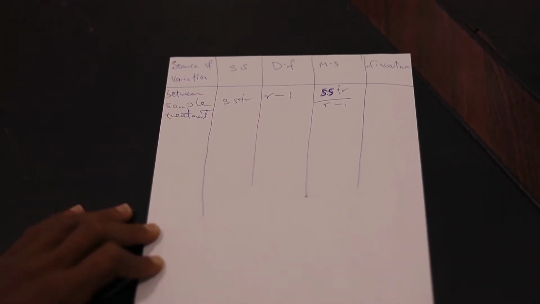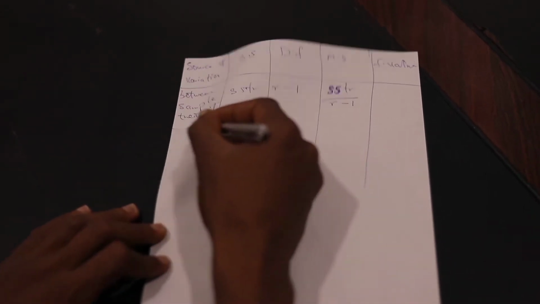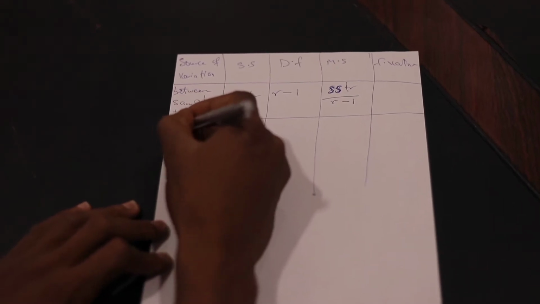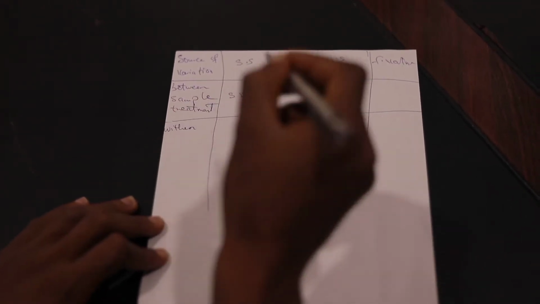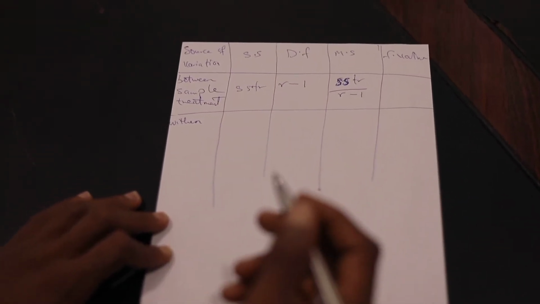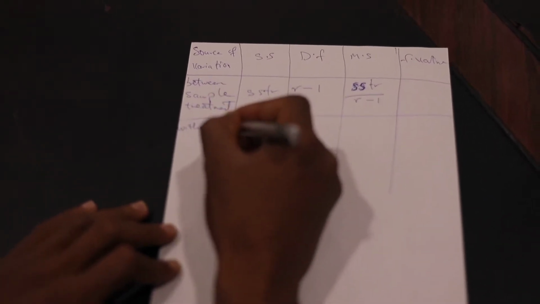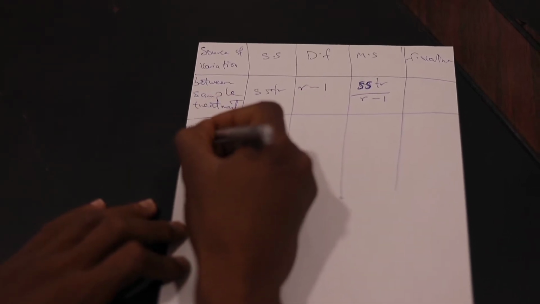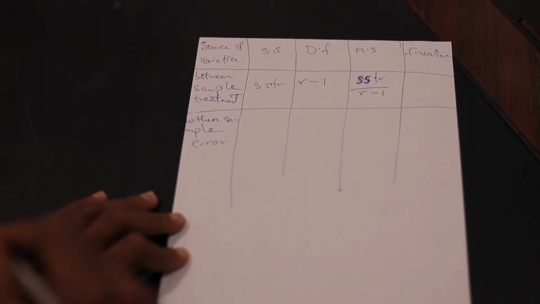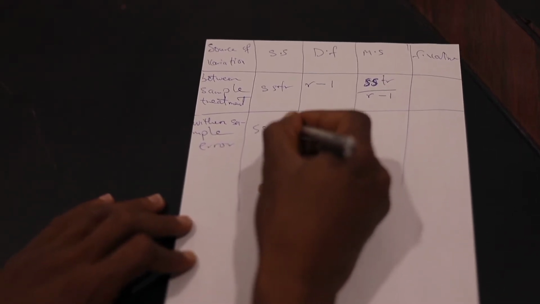So now we come down to the next phase here, which we say within sample error, where we have SSE.